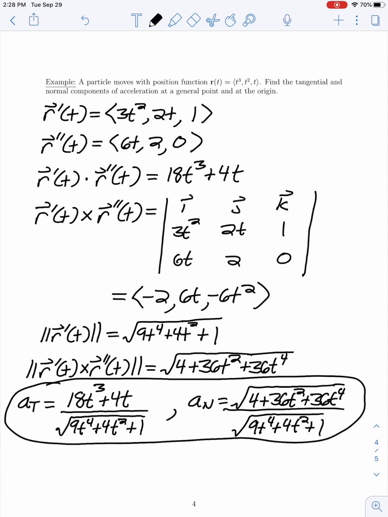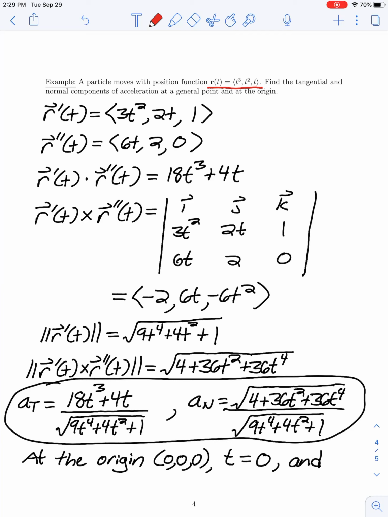And then we were also asked for these values at the origin. So let's consider what value of t represents the origin. At the origin, which is the point 0, 0, 0, we find by setting our vector function equal to the point 0, 0, 0 that t has to be 0.